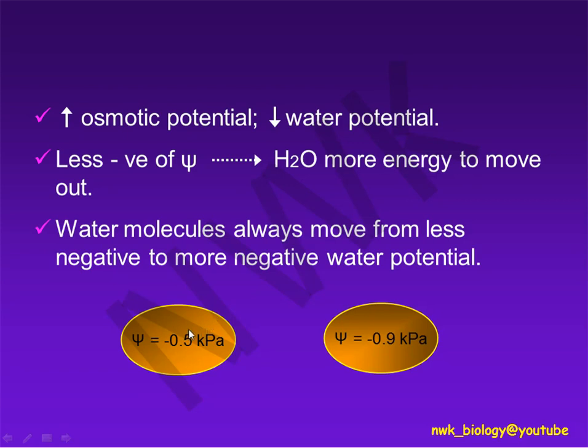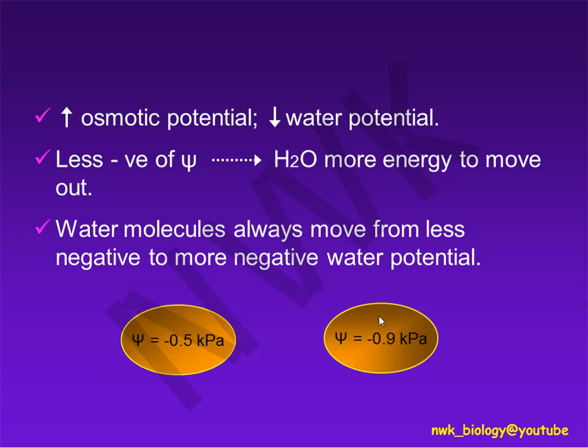When you have less solute particles, which means less water molecules bind to the solute, most of the water molecules in the cell can move freely. While in the more negative water potential, you have more solute particles. When you have more solute particles, most of the water molecules are bound to the solute particles, so they can't move freely.